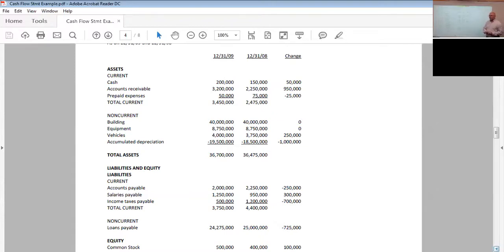Debit or credit? Debit. So if we debit accounts receivable, the offsetting side of the entry is the cash. So a credit to cash does what to cash? Decrease. To make accounts payable go down $250, what do we have to do to accounts payable? Debit.